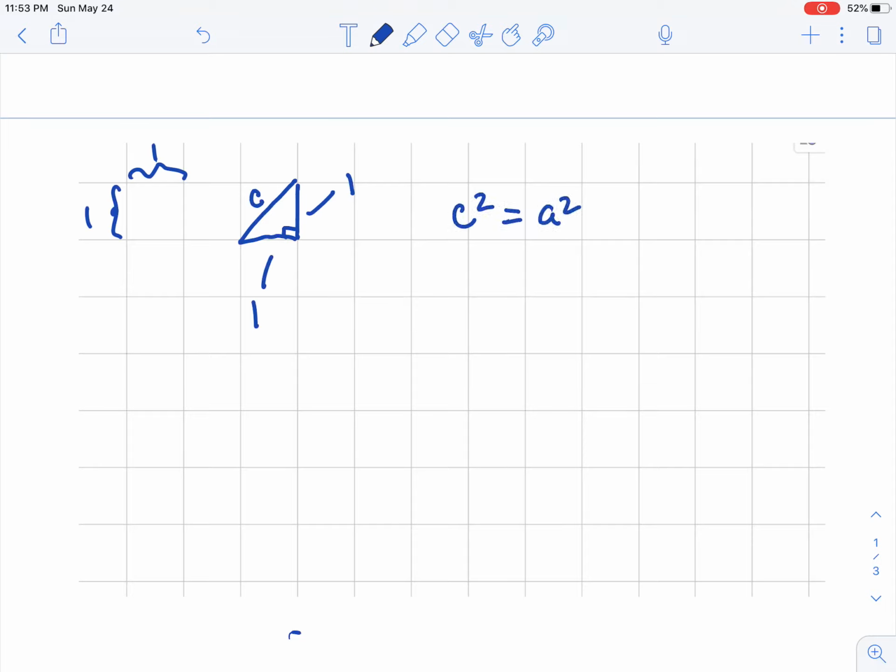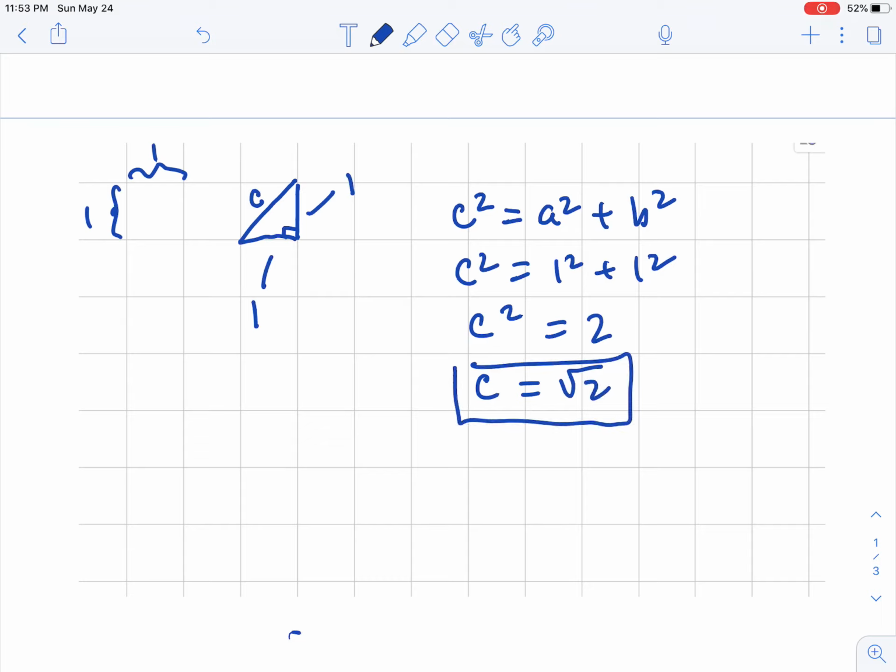So c squared equals a squared plus b squared, and c squared equals 1 squared plus 1 squared, which means that c squared is equal to 2 and c is equal to square root of 2. Okay? So meaning the length of the diagonal of the grid is equal to square root of 2.